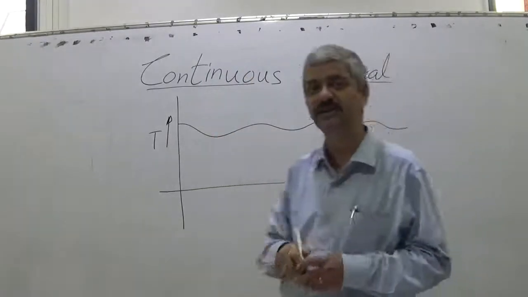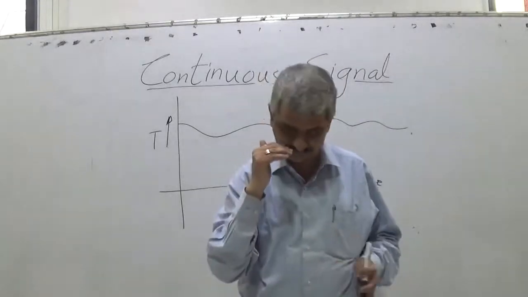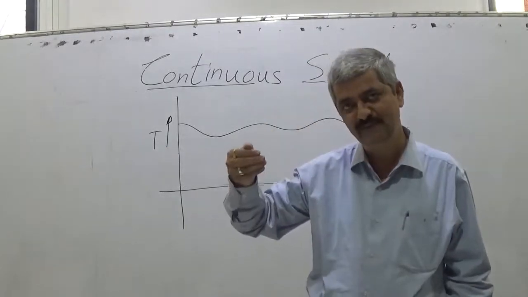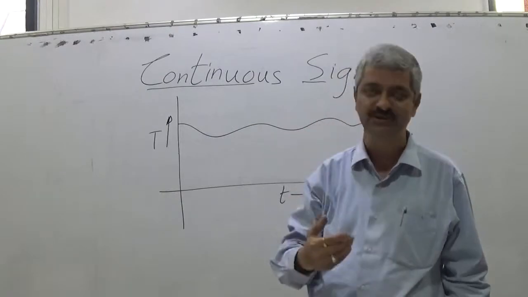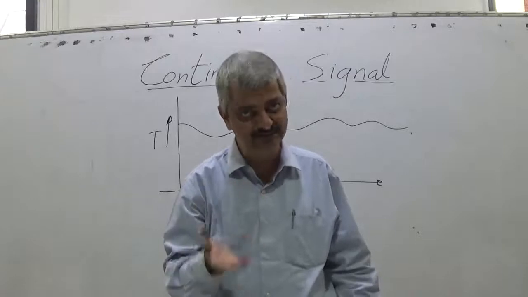The curve is continuous in nature. The relationship of one variable mapped with the other variable is continuous in nature. All possible values are permissible in this case.